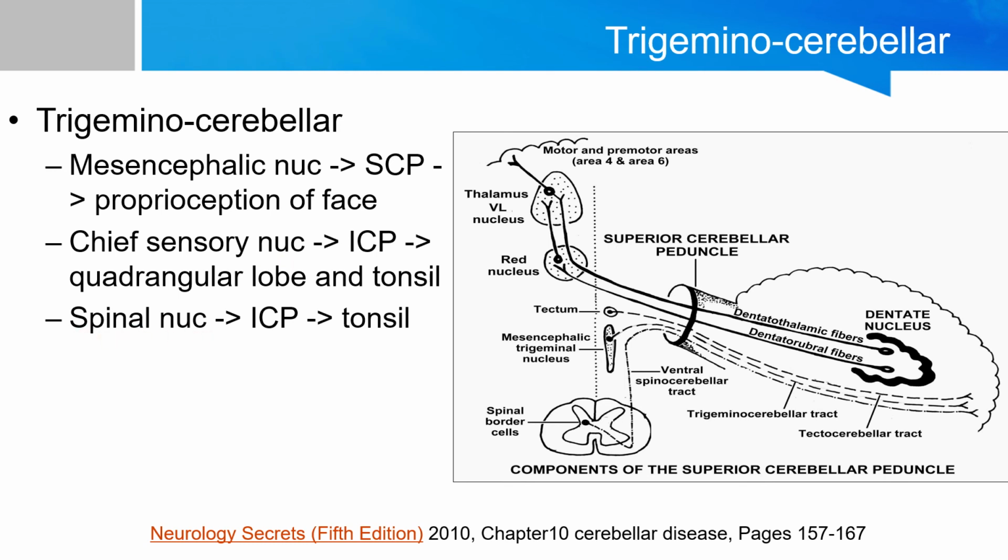And we'll cover more about them in the cranial nerve videos, but suffice it to say that the proprioceptive information of the face is carried mostly by the mesencephalic nucleus, and this input is conveyed via the superior cerebellar peduncle into the cerebellum.